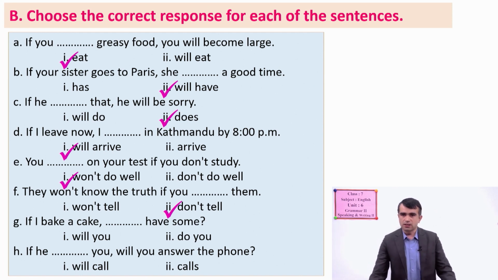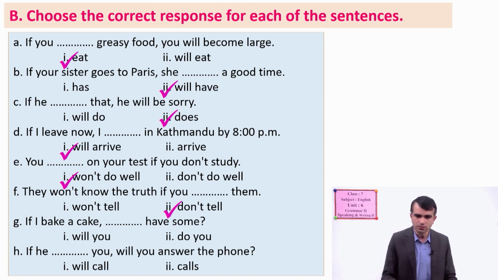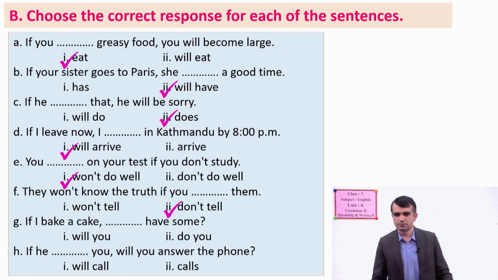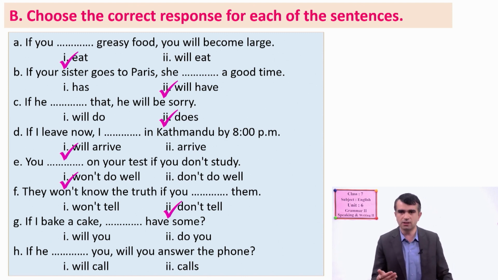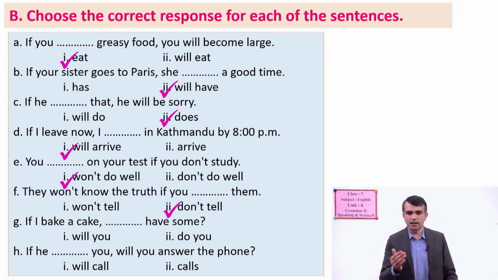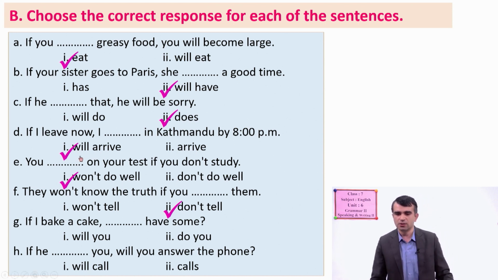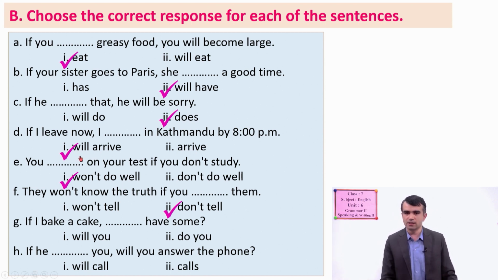Now, next, number G. If I bake a cake, will you or do you have some? This is a question form, isn't it? And then the if part is in the beginning. Now, second part, what should be there? Do you or will you? Okay, certainly that is will you.